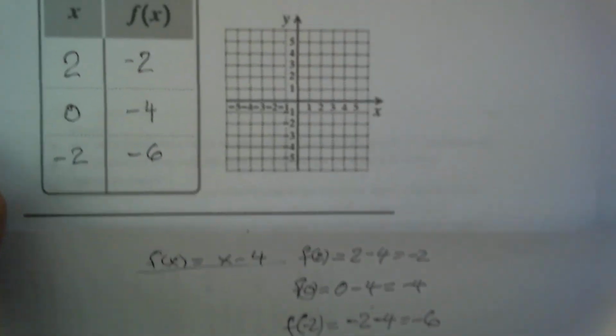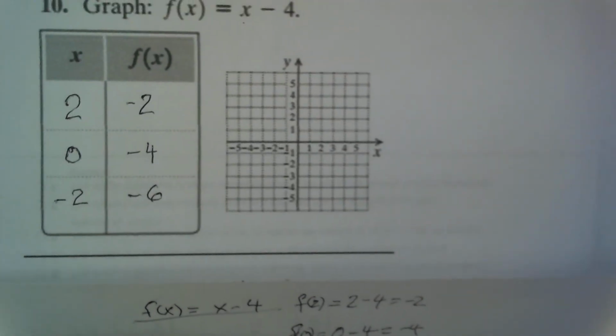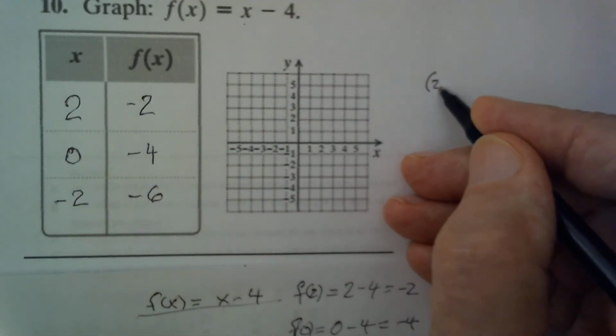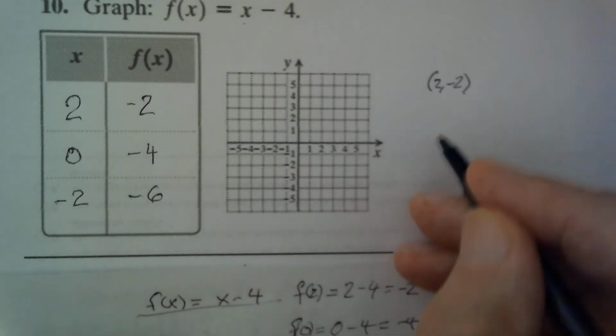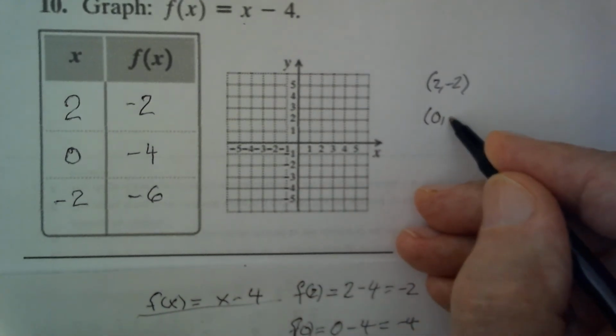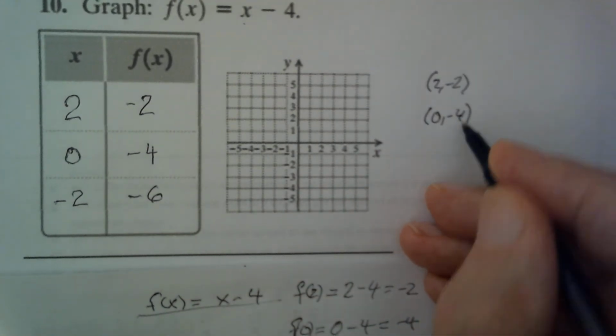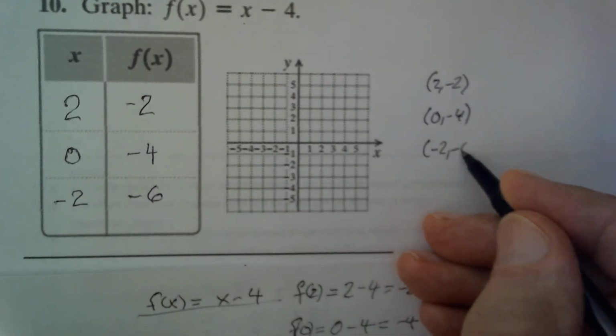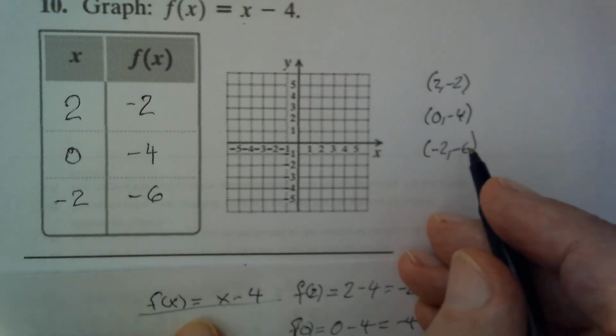So then we have the ordered pairs: 2, minus 2. And we have 0, minus 4. And we have minus 2, minus 6. So we've done this before.